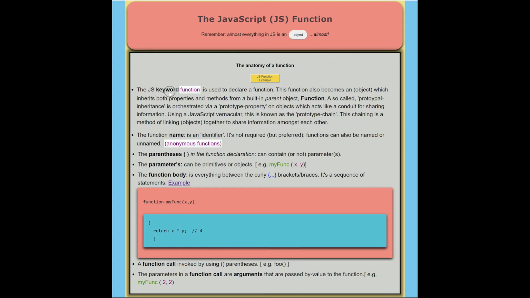So we have a keyword function. After the keyword function there is a name, or you can have a name or not have a name. You can use anonymous functions in function expressions. This is the only place that you can use an anonymous function. And again, when I say anonymous function, I mean a function that doesn't have a name.